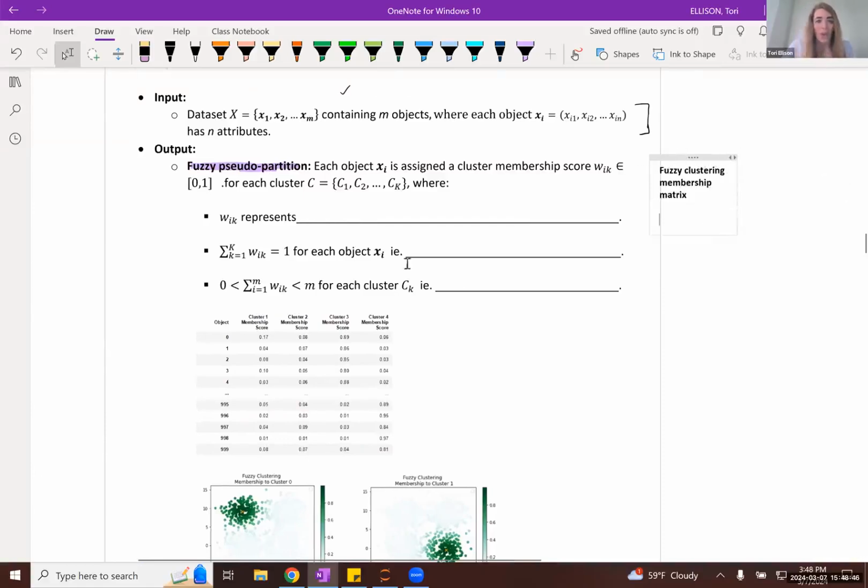A fuzzy clustering membership matrix for a data set with 1,000 objects and a clustering of 4 clusters might look something like this, where every observation and every cluster is assigned a cluster membership score, w_ik, where this w_ik represents the membership of observation i to cluster k.